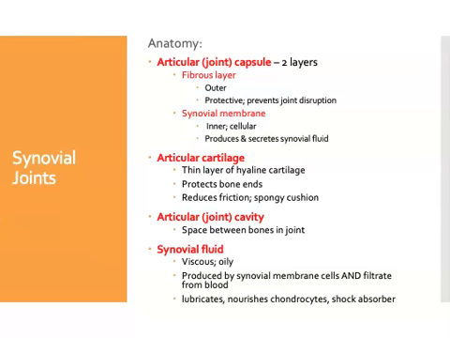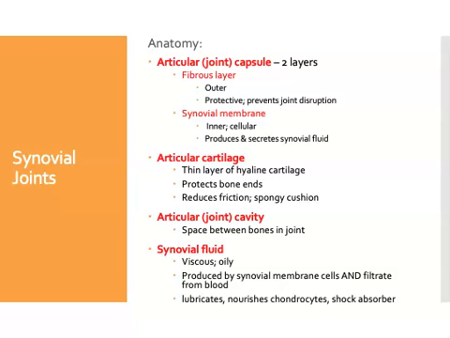So remember, a synovial joint has a joint cavity. It has a space between the bones that are part of the joint. And the bones are going to be connected to each other with ligaments. And the joint is going to be surrounded by a capsule, what is sometimes called an articular capsule, but is, I think, more commonly called a joint capsule.